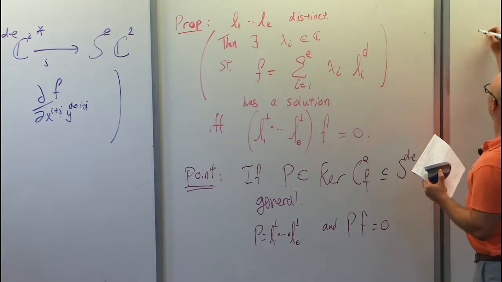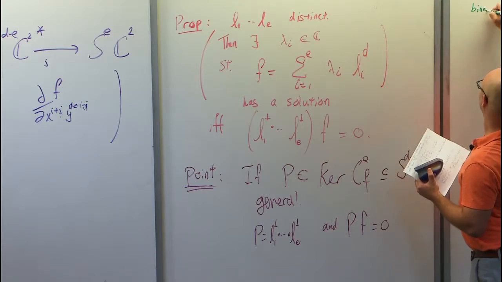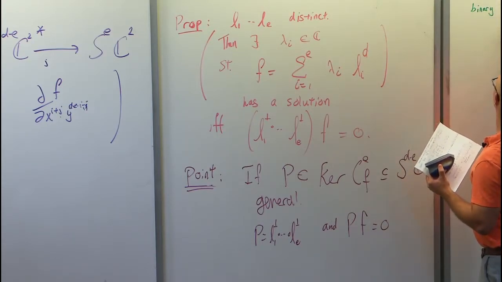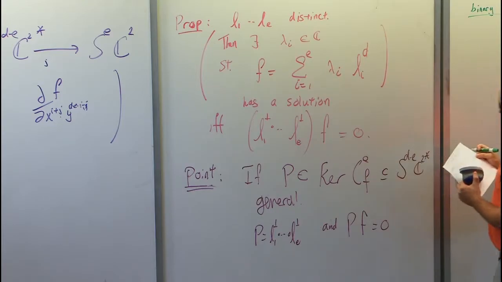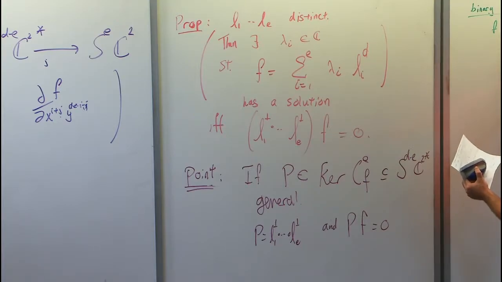Okay, so here we're going to do a binary cubic. And I picked one ahead of time with good coefficients, so hopefully everything will be clear and not too messy on the board.